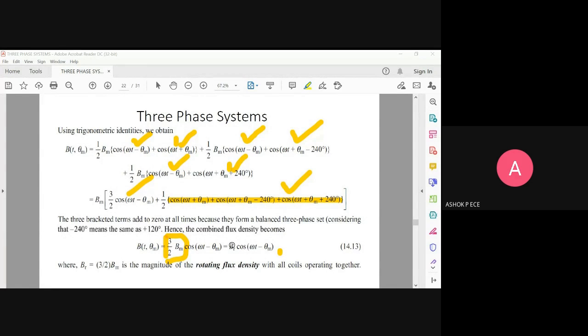Br is the maximum amplitude, given by 3 by 2 Bm, of the rotating flux density. It depends on t and theta m. We have assumed the magnetic field is rotating, so it depends on theta m, and I'm going to supply AC, so it depends on t. So this formula has terms for t as well as theta m. B of t comma theta m is Br cos omega t minus theta m.